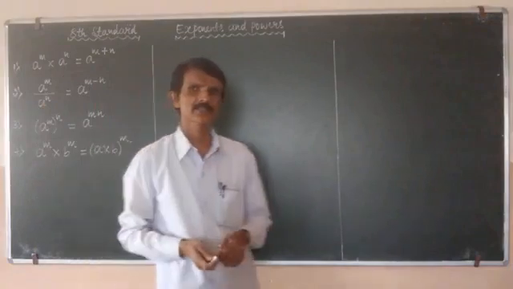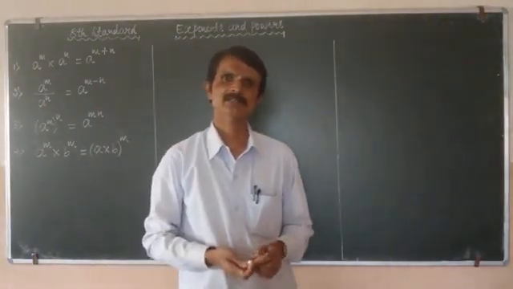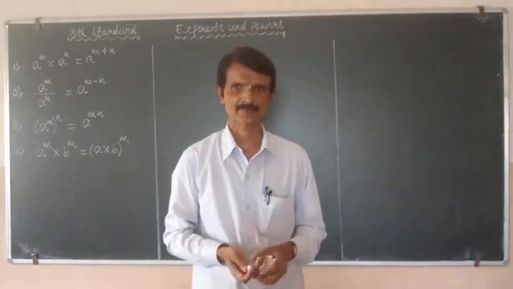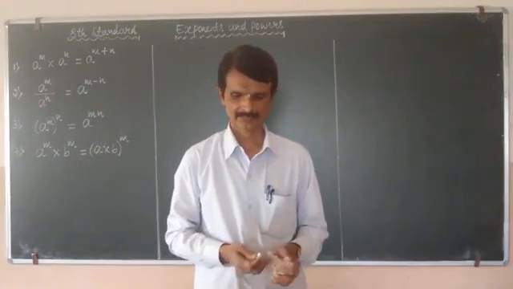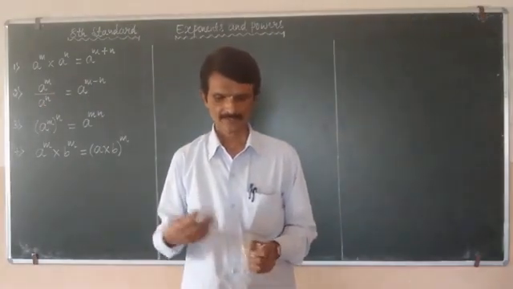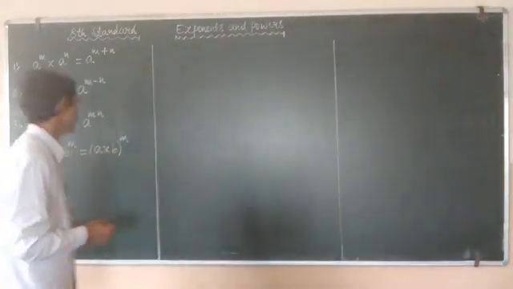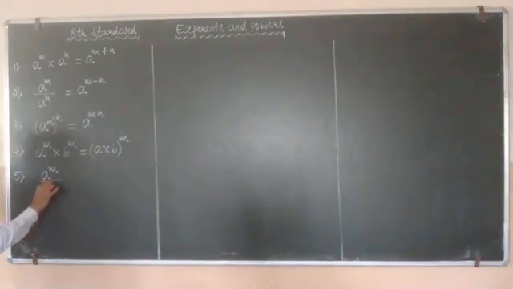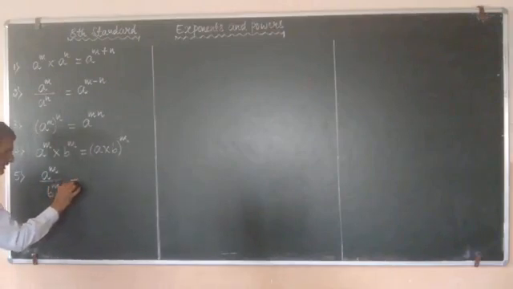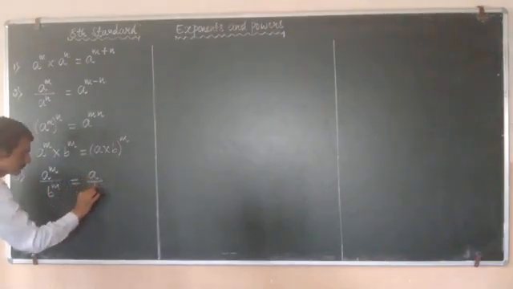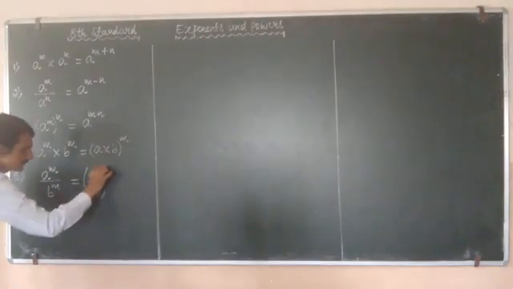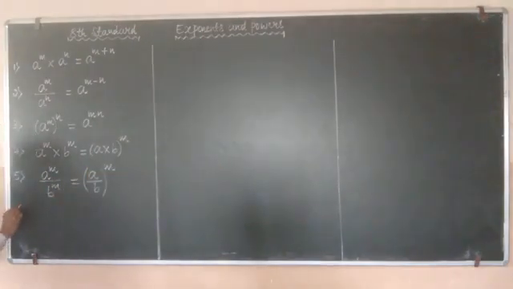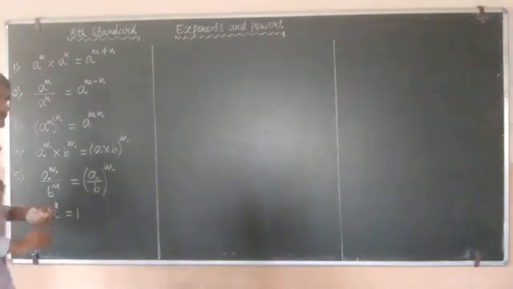Here a and b are non-negative integers. The fifth one is a to the power of m by b to the power of m is equal to a by b whole to the power of m. And lastly, the sixth one is a to the power of 0 is equal to 1.